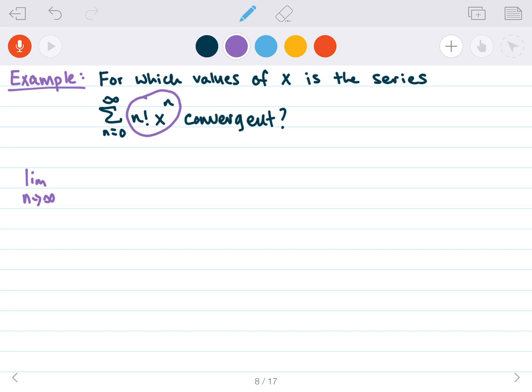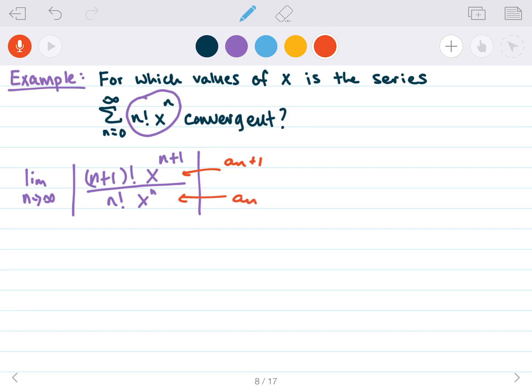So we have the absolute value of n plus 1 factorial times x to the n plus 1, all divided by a sub n, which is just n factorial x to the n. So again, this top is a sub n plus 1, and the bottom is just a sub n. All right?